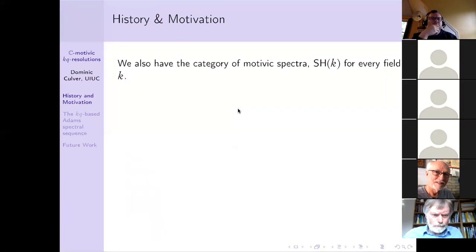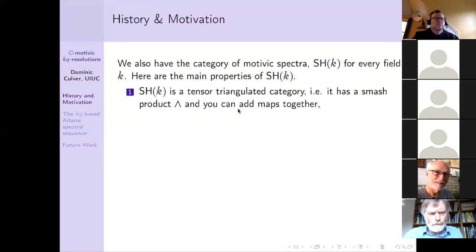I don't exactly want to say what a motivic spectrum is or isn't, so I'm just going to tell you a lot of the basic properties of these categories, at least the properties that I need. The main thing is that the category of motivic spectra behaves a lot like the category of classical spectra. Namely, probably the first property you would want it to have is that it's a tensor triangulated category. So it's supposed to have a smash product.